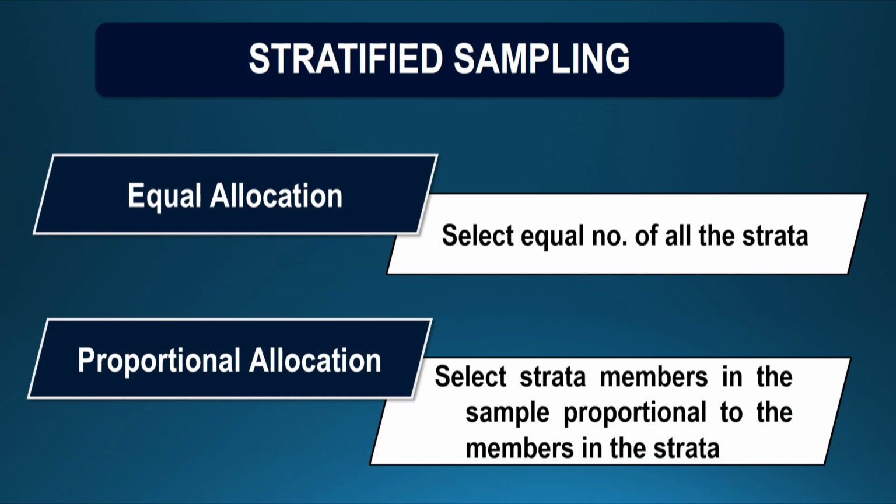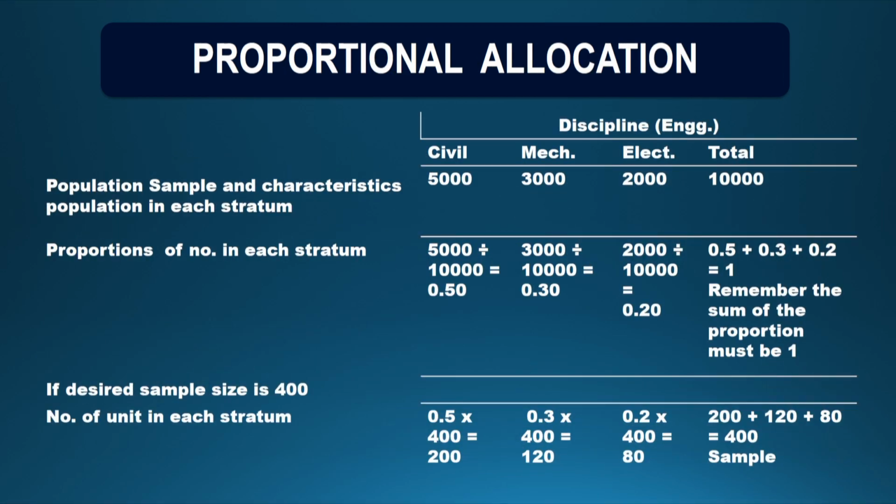Select strata members in the sample proportional to the members in the strata. Say for example, there are 10,000 students of different engineering branches in the city of Chandigarh, India, and for the civil engineering branch there are 5,000 students, for mechanical engineering 3,000, and for electrical engineering 2,000 students.